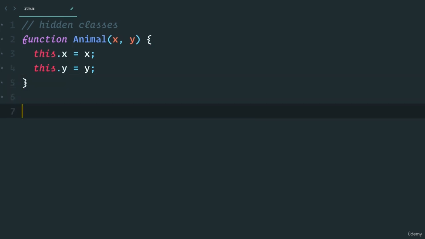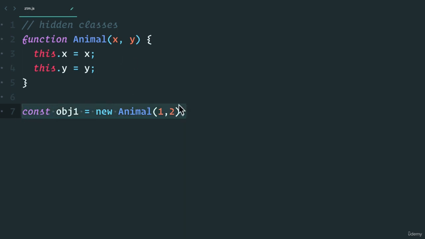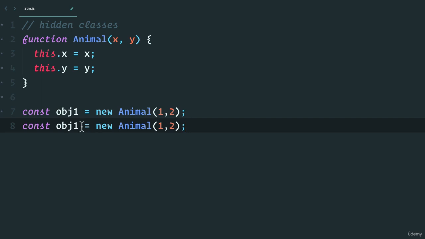And now we create a new object. Let's say const object1 is going to be a new animal that takes in 1 and 2 as the properties. Doesn't really mean much, but there's our first object. And then our second object will do the same thing, but this time with different parameters, 3 and 4.